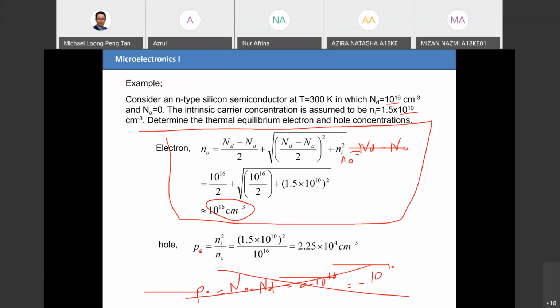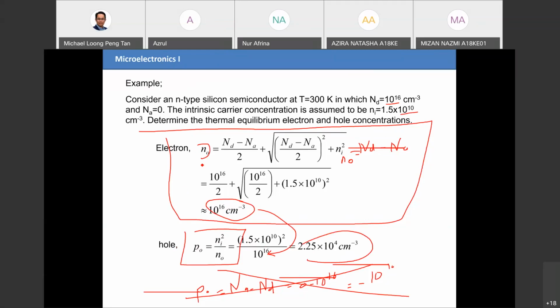So how do you calculate your PO? You have to use the equation that we learned just now. Take the answer of the intrinsic concentration, square it, and divide by the answer that you found up there. So this is your intrinsic concentration, square, divide, and this is the answer. So this is NO and PO. When you use one of these formulas, the minus formula, then for the other one you don't use minus anymore.